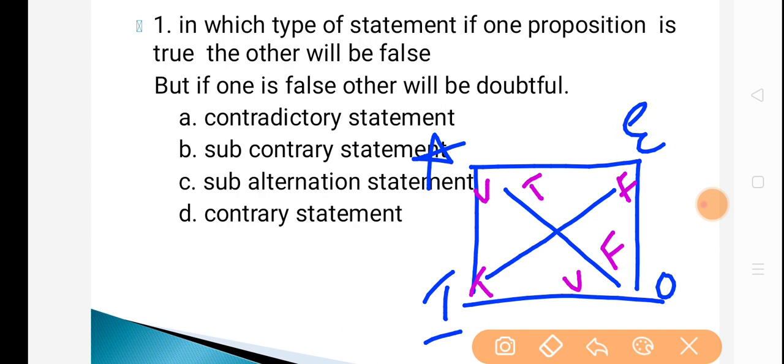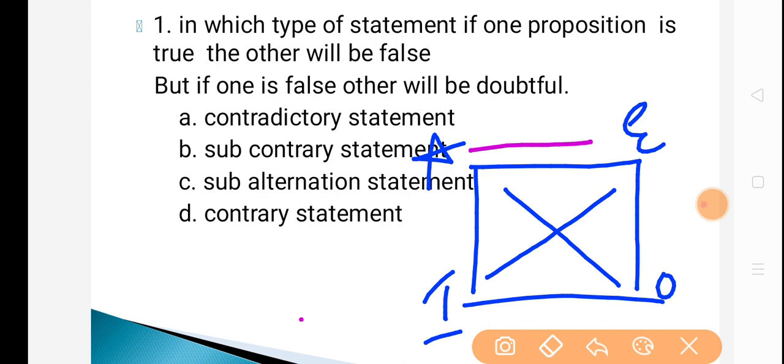So I'm moving toward the next statement, that is the contrary statement. The contrary statement is between A and E. You want to remember all four statements here. What does its rule say?